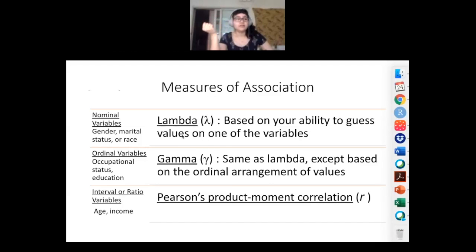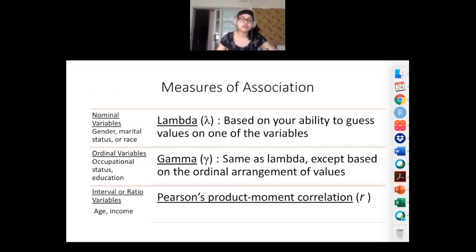And so people had a little bit of confusion about the difference between measures of association and tests of significance. So these are all measures of association, and they're sort of statistical models, frames for different types of variables. And you can see how they correspond here. Basically all you need to know about them is that they're types of tools used for different types of variables in statistical analysis.